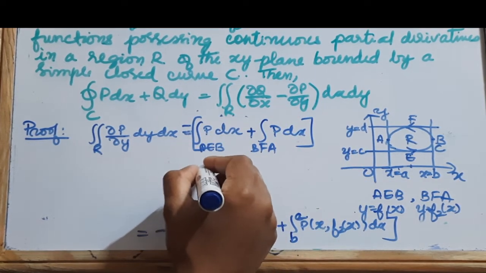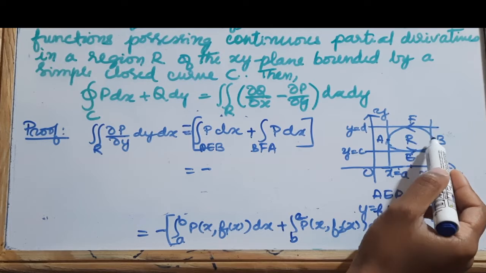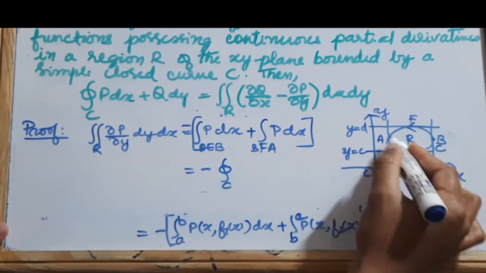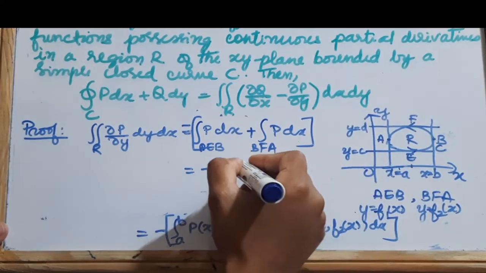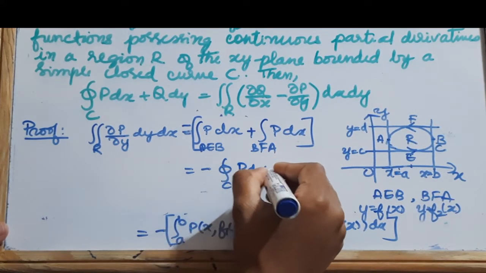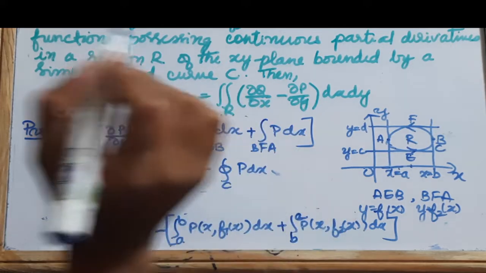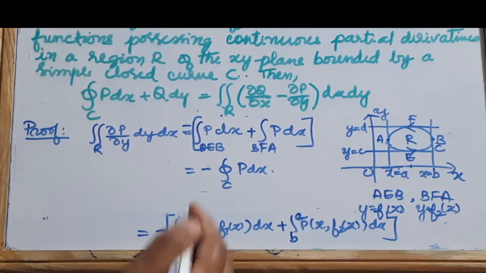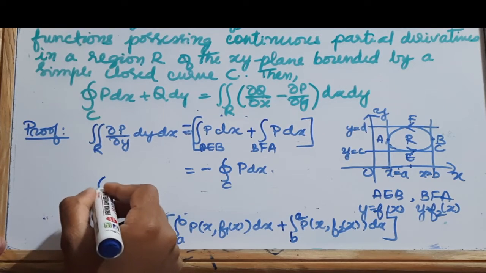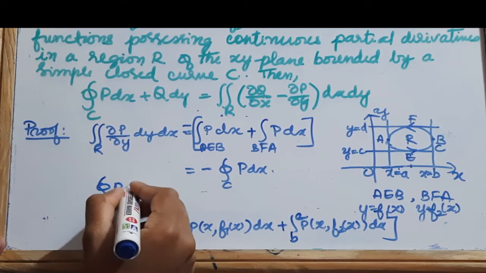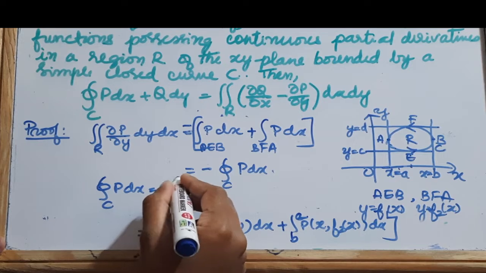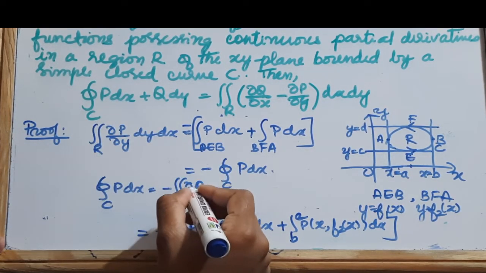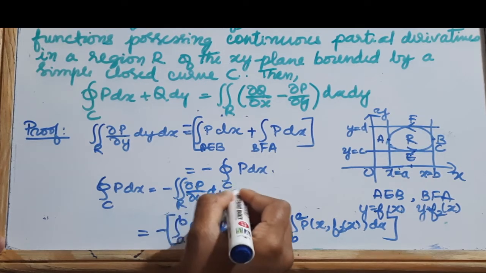So if I combine both of them, AEB and BFA, I will be getting the integral over the complete curve. See, the full curve is covered now, minus of P dx. Okay, so this is what I have now, or the integral over C of P dx is equal to minus double integral over R of dou P by dou y dx dy. I will shift this term.